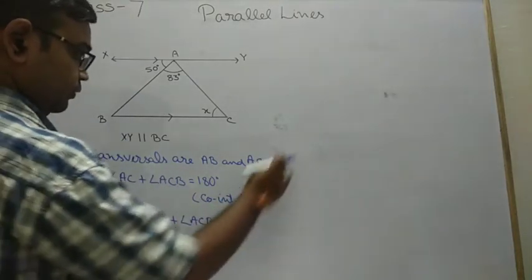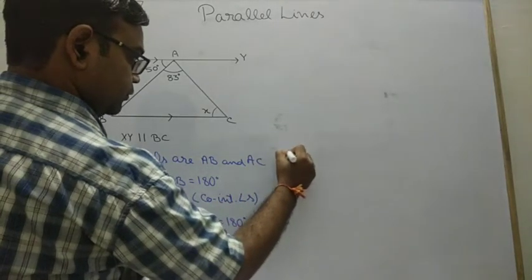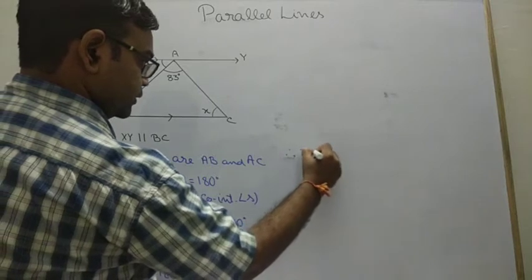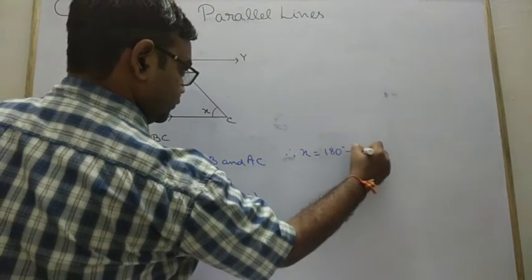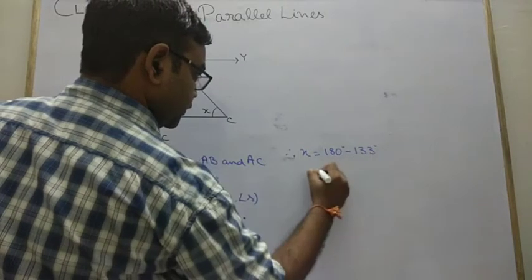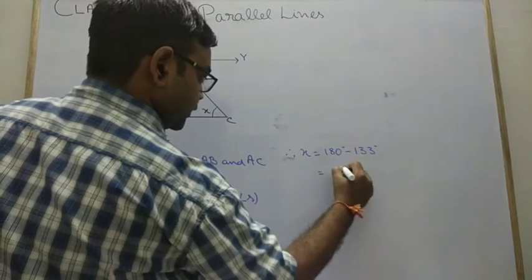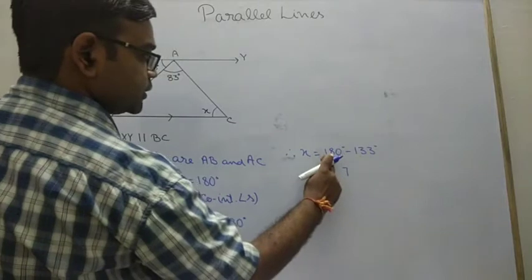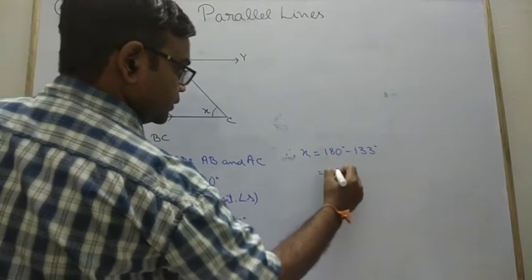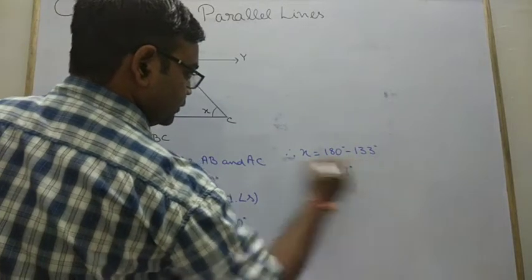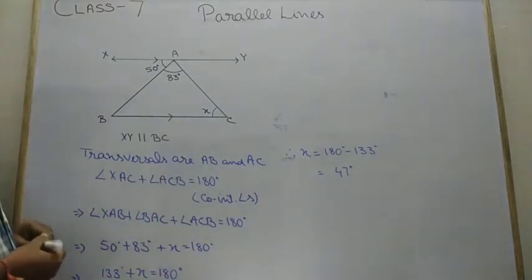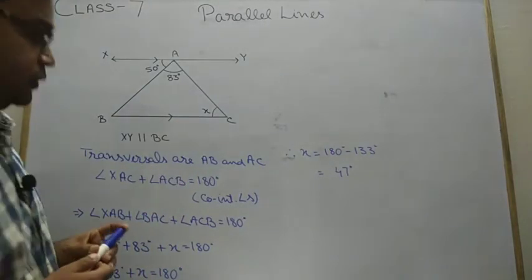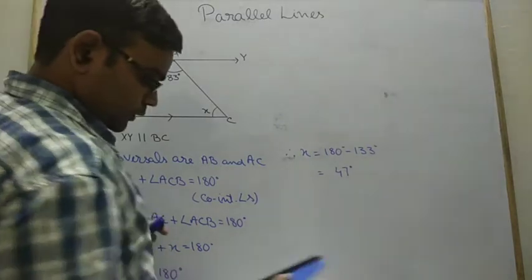Therefore x equals 180 degrees minus 133 degrees. It is 10 minus 3 is 7, 7 minus 3, it's 47 degrees. So the value of x is 47 degrees. Likewise you have to solve the questions. Okay, I am rubbing this side and moving to the next question.